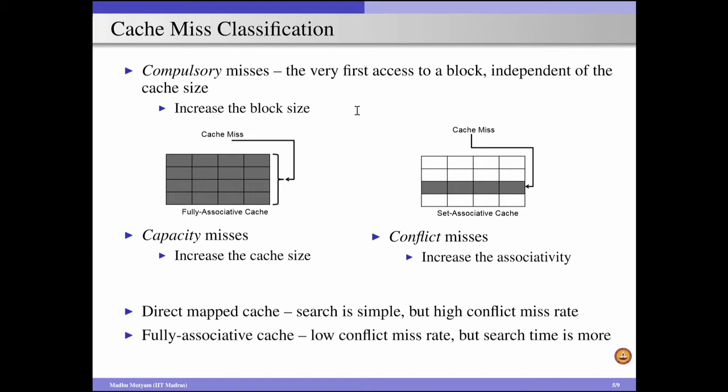On the other hand, fully associative caches, in which we can keep blocks anywhere in the cache, incur a very low conflict miss rate, but the search time is very high. And set associative caches reduce the conflict miss rate significantly compared to direct mapped caches, and also have low search time compared to fully associative caches. Because of all these advantages, typically set associative caches are predominantly used, followed by direct mapped caches in current processors.